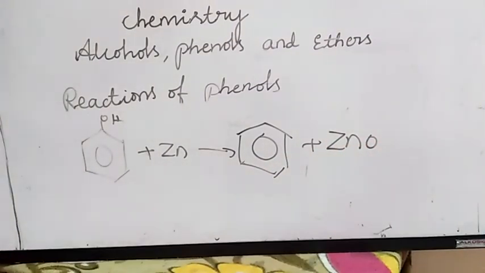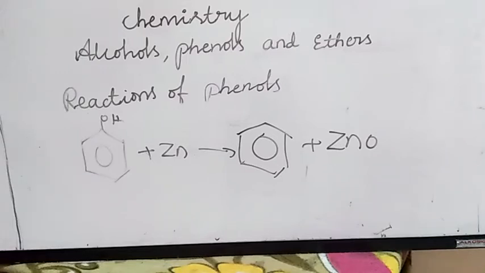This is the reaction of phenol with zinc dust. Phenol is converted to benzene on heating. How can we convert phenol to benzene? You have to write this: when phenol reacts with zinc dust, we will get benzene with zinc oxide.